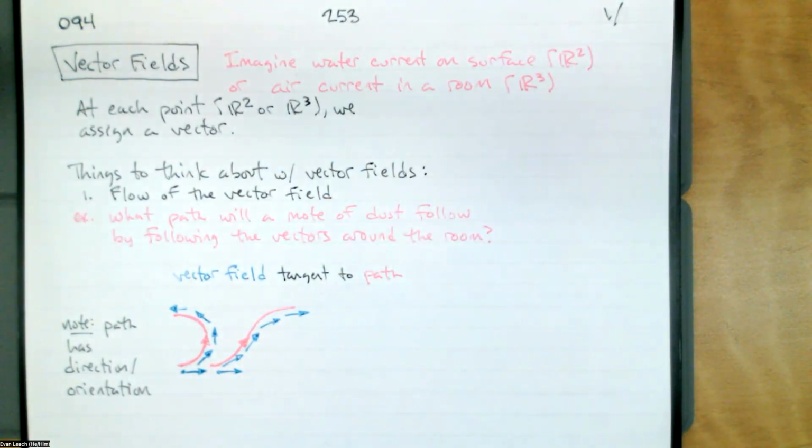So when we see all the vectors laid out, we want to be able to imagine all the different paths that could be there, depending on where we start. That's one thing that we want to think of. What is the flow of the vector field?